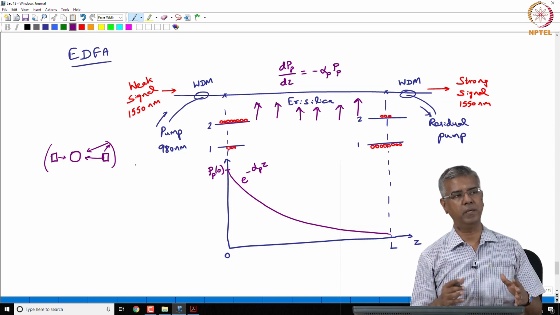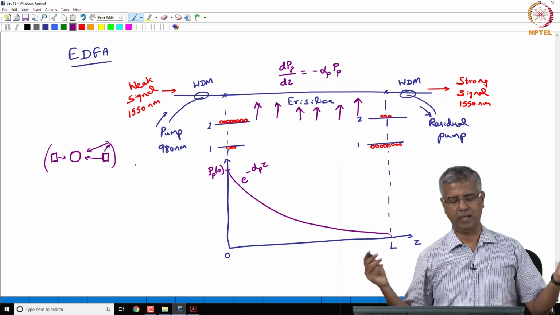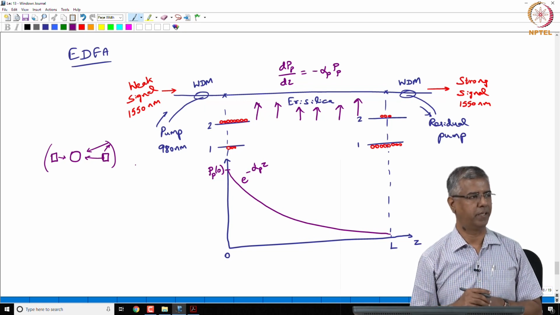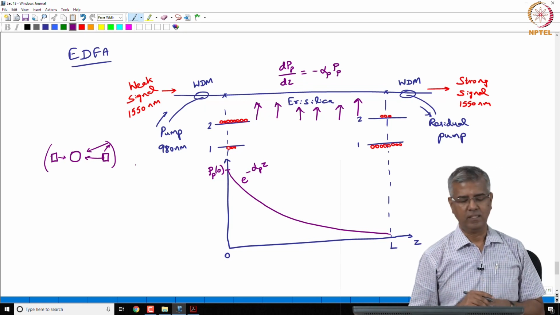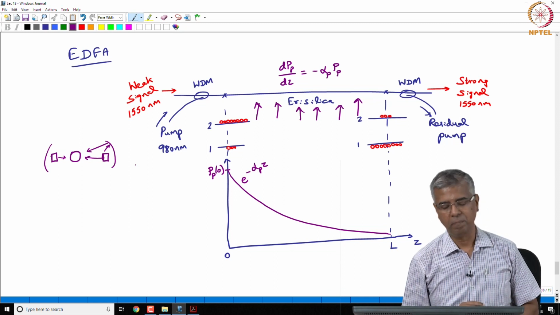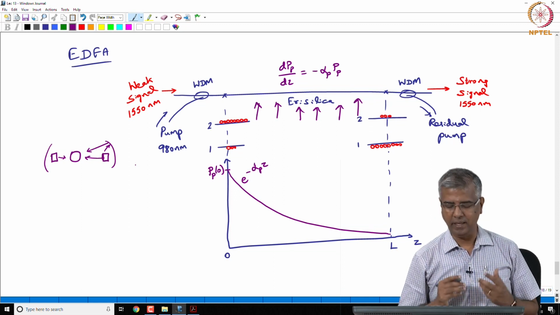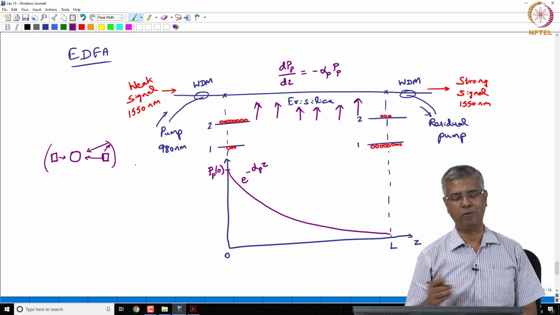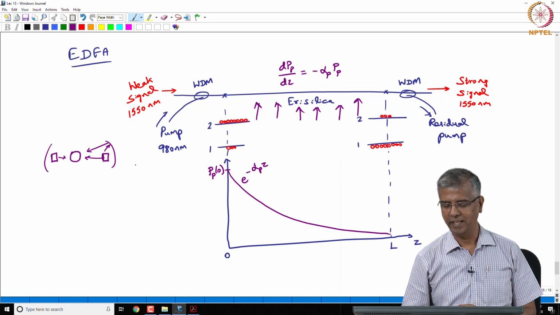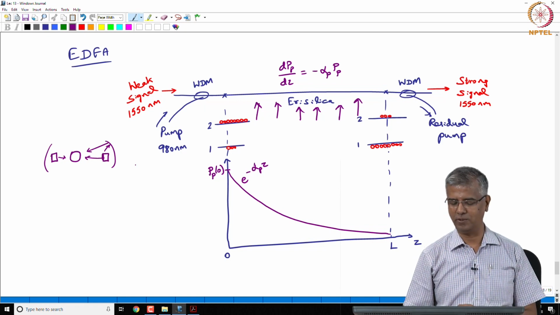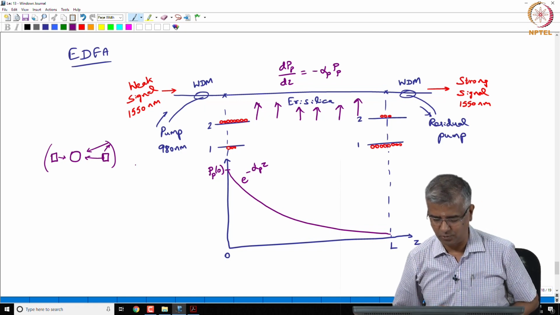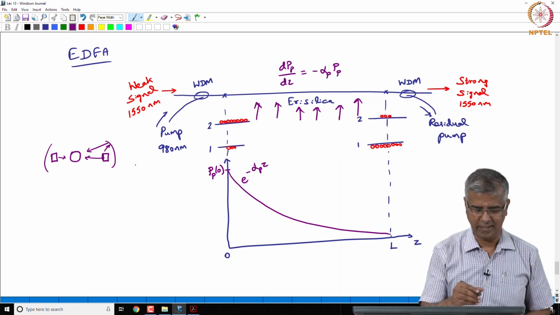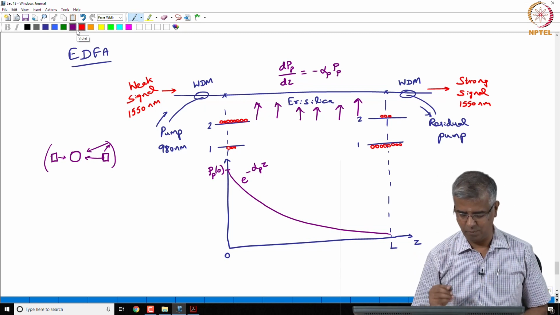That would be called a counter pumping configuration. So, how would that help? That is actually probably a preferred configuration. Why? Let me hold on to that thought for a minute. Let me complete what I was going to say as far as the signal is concerned, and then it will become obvious.